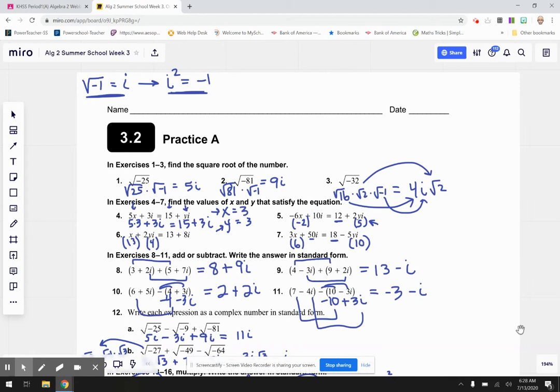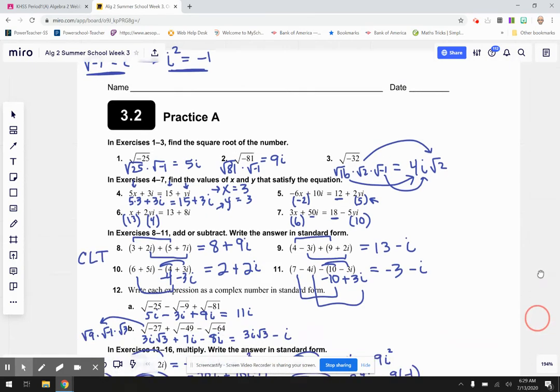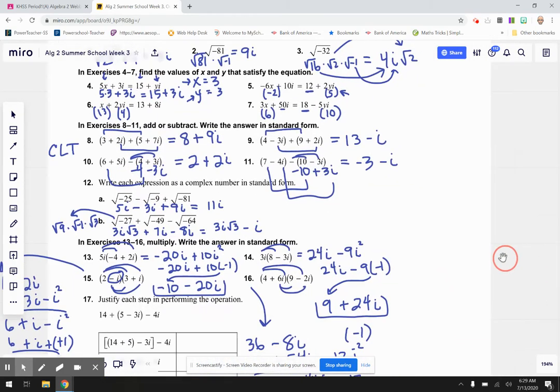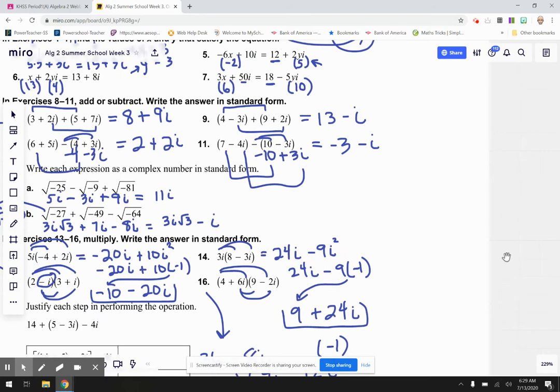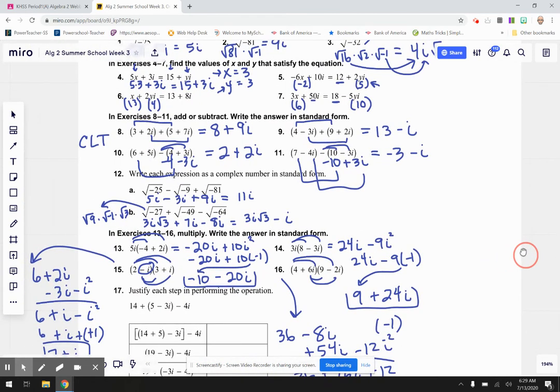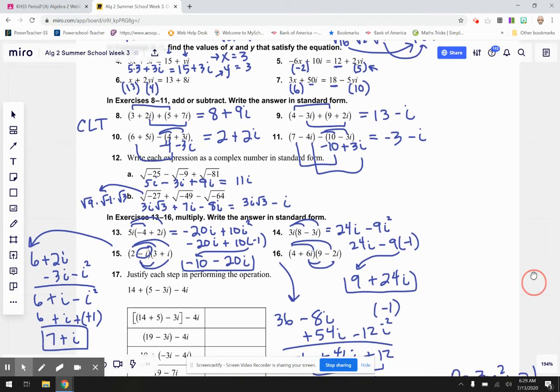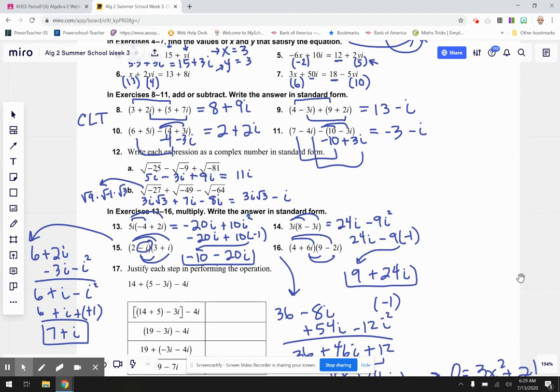Numbers 8, 9, 10, 11 are combining like terms. We'll call it CLT, combining like terms. Like terms are just like they are when you do x's and y's. You've got to have the same variable or the same term.